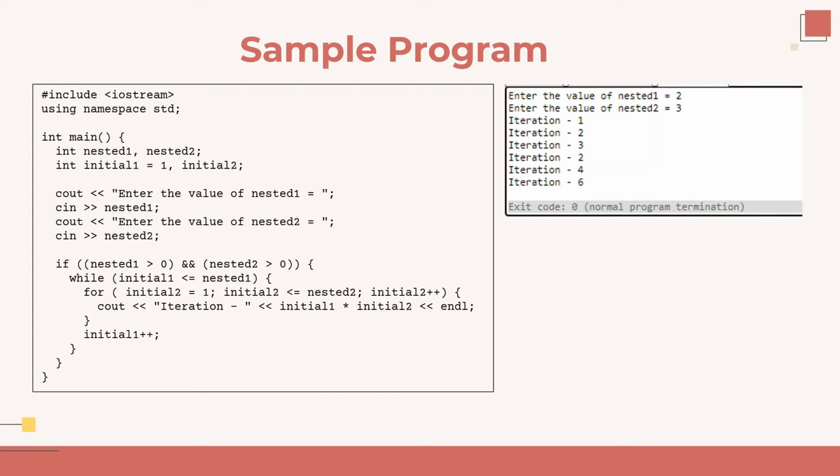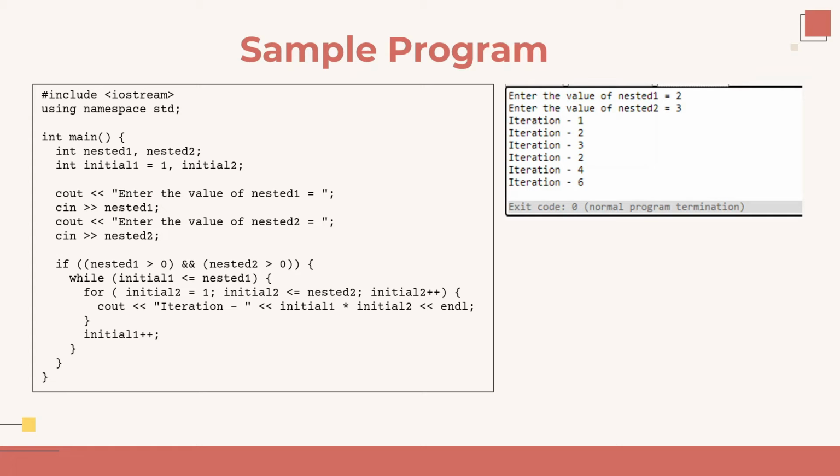If the values of nested 1 and nested 2 are positive integers, then the while loop will be executed. Inside the while loop, the condition will be checked whether the value of initial 1 is less than the value of nested 1 or not. Because the condition is true, the statement inside the while loop is executed.